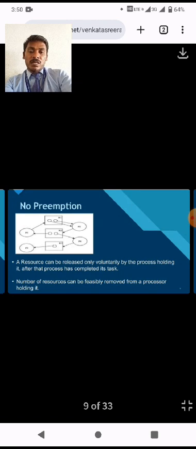Next, no preemption. A resource can be released only voluntarily by the process holding it, after that process has completed its task. If any process occupies or holds a resource, that resource can be released only after the entire process is completed. Resources cannot be forcibly removed from a process holding them.